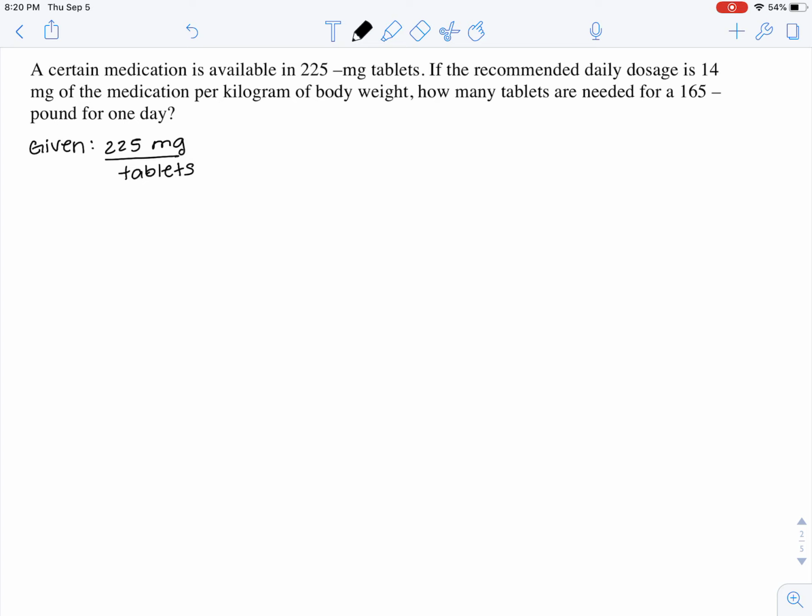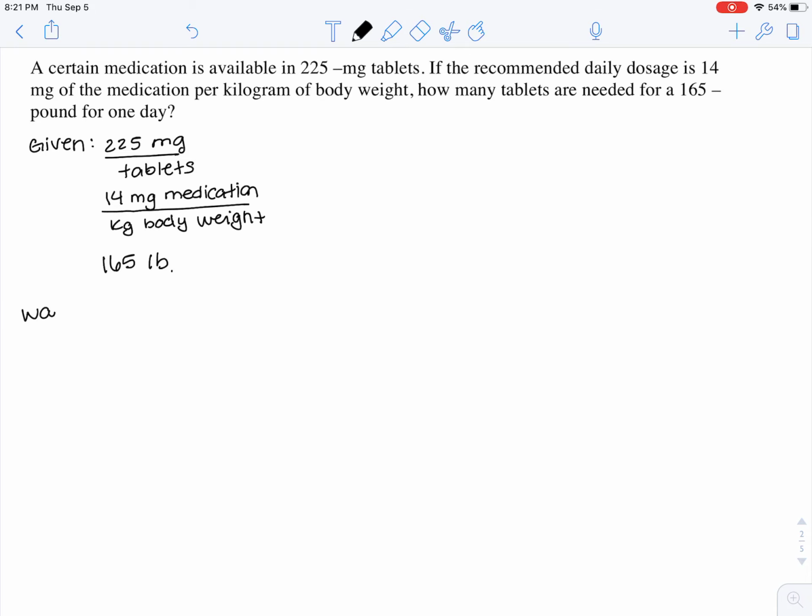If the recommended daily dosage is 14 milligrams of medication per kilogram body weight, so I have 14 milligrams medication per kilogram body weight. How many tablets are needed for a 165-pound person for 1 day? So you also have 165 pounds, and you want to know the number of tablets.